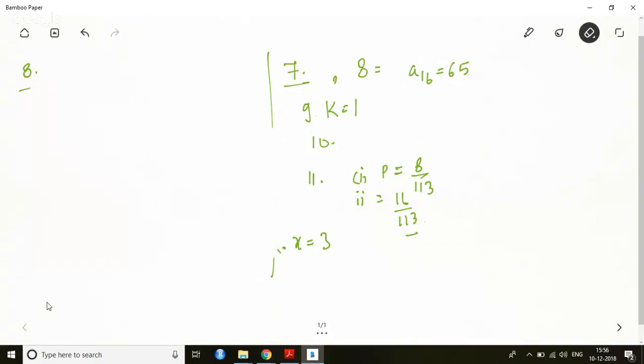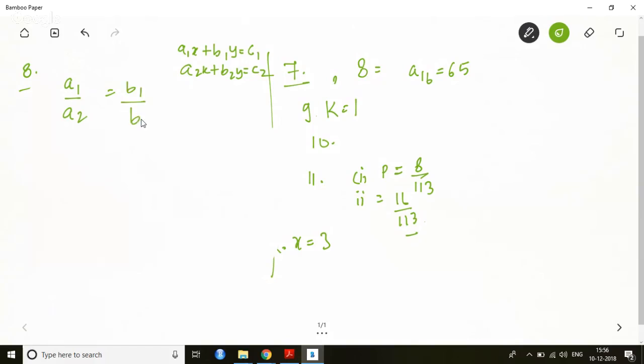For infinitely many solutions, if I have equations like this, a1 by a2 is equal to, for this linear equation, a1x plus b1y is equal to c1, and a2x plus b2y is equal to c2. So a1 by a2 is equal to b1 by b2 equal to c1 by c2.